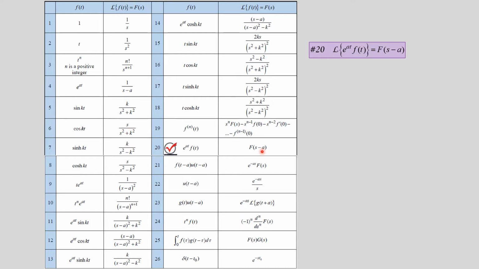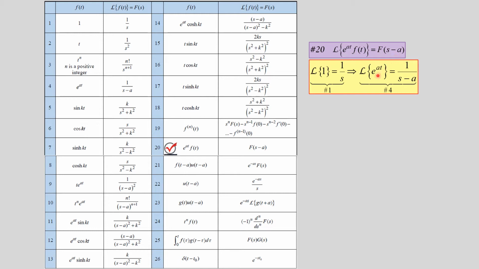Let us look at formula number 1. The Laplace transform of 1 is equal to 1 over s. So this number 1 is the f of t. So what if this number 1 is multiplied by e to the power of at? That means what is the Laplace transform of e to the power of at? According to the S translation theorem, whenever the function f of t is multiplied by e to the power of at, the result of the Laplace transform will be expressed in terms of s minus a.